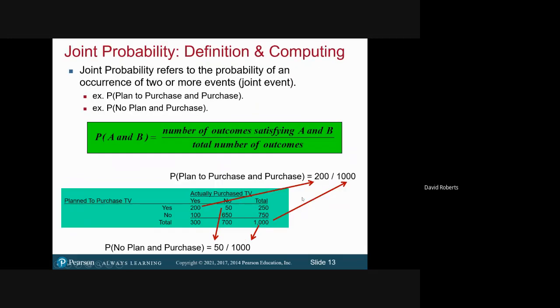And I've already mentioned this, 200 said they were going to buy a TV and did. So companies would know this. For example, at the schools, you will get students who say they're going to go to your particular school. Fine. Some of them don't show up. That percentage is actually about 20% from what I've been told.